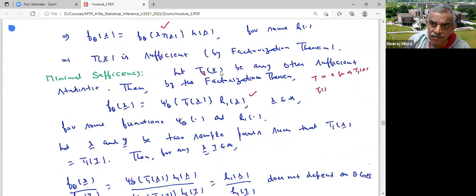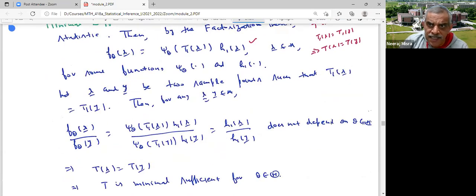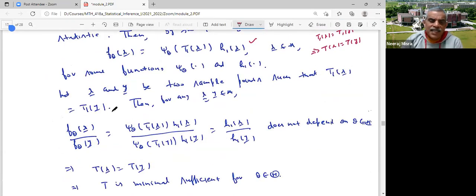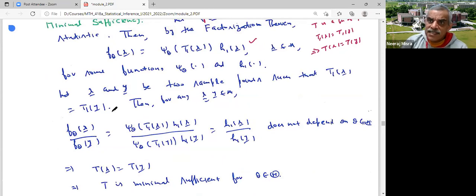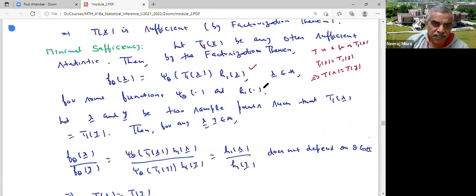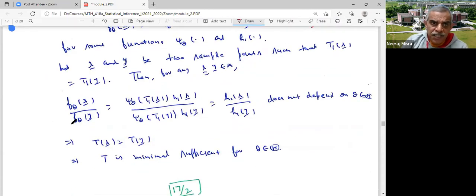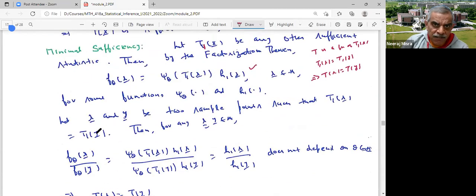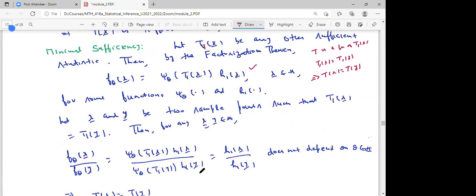Now, what I have to show is that T is a function of T1. What does that mean? If T1(x) is the same as T1(y), for two sample points, that should imply Tx is the same as Ty. So I choose x and y such that T1(x) is the same as T1(y), and then I show that Tx is the same as Ty. That would prove that T is a function of T1. Now T1(x) equal to T1(y) implies that f_theta(x) upon f_theta(y), because T1 is sufficient, is psi_theta(T1(x)) h1(x) upon psi_theta(T1(y)) h1(y).